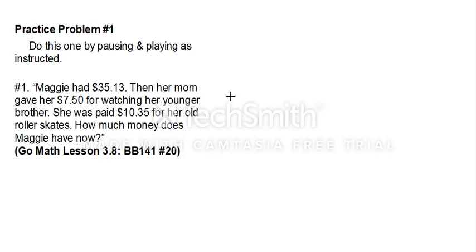So now that I understand the gist, how much money does Maggie have now? So I need to figure out, now that I know what all the numbers mean, what exactly am I going to do. So I'm trying to figure out how much money she has now, so I know I'm going to be doing some adding. So there's 2 ways to solve this problem. The way that I'm going to go ahead and do is I'm going to figure out how much she earned all together versus just taking this number and adding to it and adding to it.